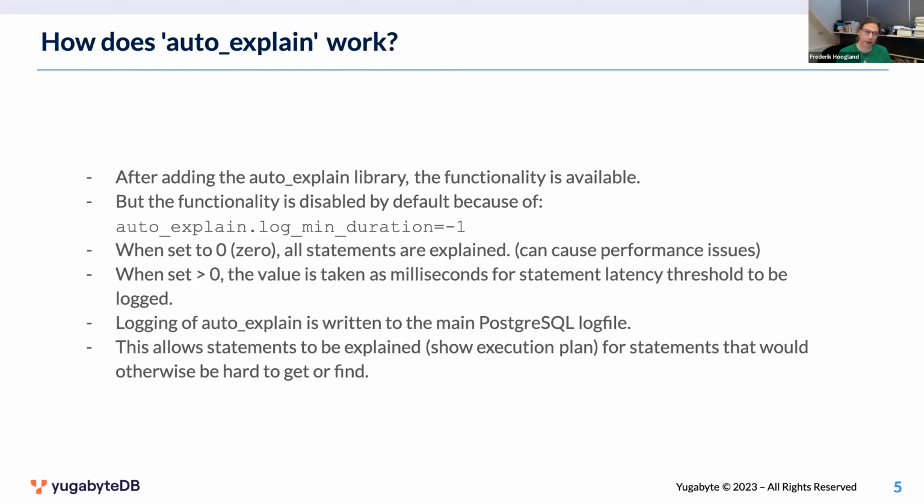Now, the first thing you can set it to is 0. So a duration of 0 as min duration means all statements are explained. And as I put here, as an answer to your question too, this can cause performance issues. Not so much because of the explaining, that probably doesn't give that much overhead, but it's the synchronization of all the different sessions that need to get access to the log file.